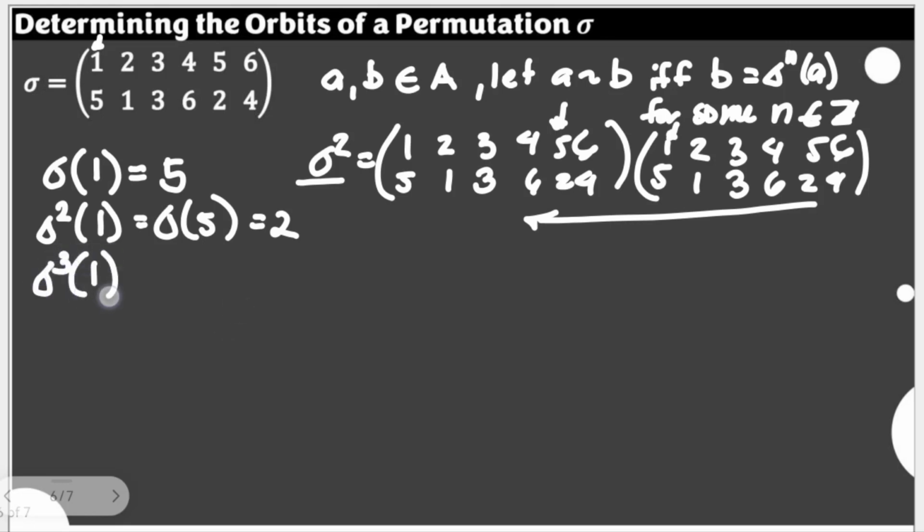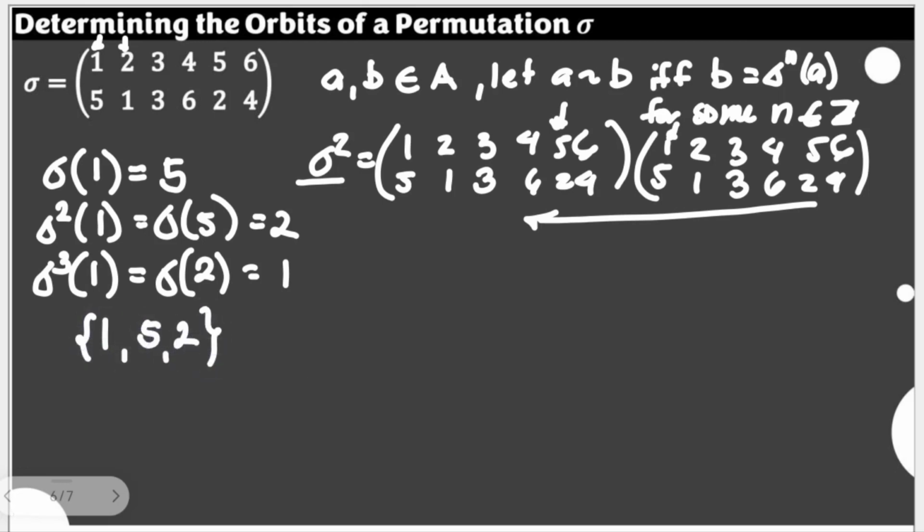If we have the cube, this is just the sigma of this result here. And the sigma of 2, simply focus here, will just return to 1. As you can see, we only have 3 elements for this specific pattern. So we have here the set containing 1, 5, and 2.